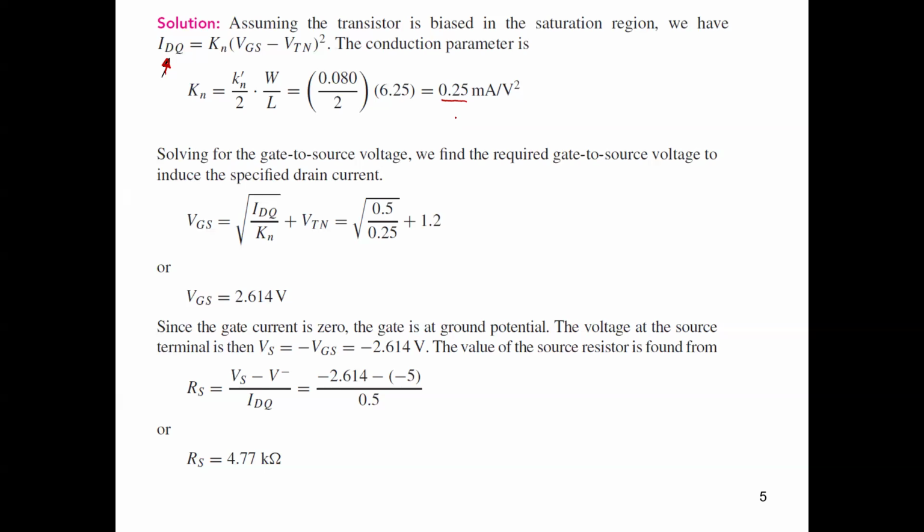In order to solve this equation now, you have Kn, you need ID, and VGS can be calculated. VTN is given, so we can write our equation now.